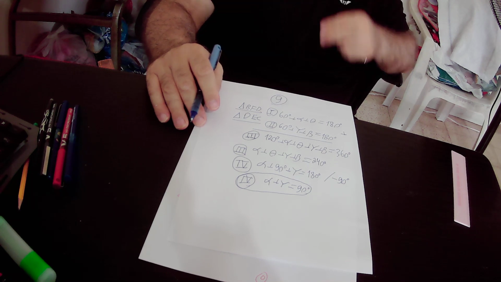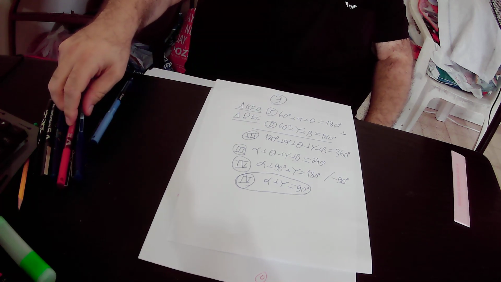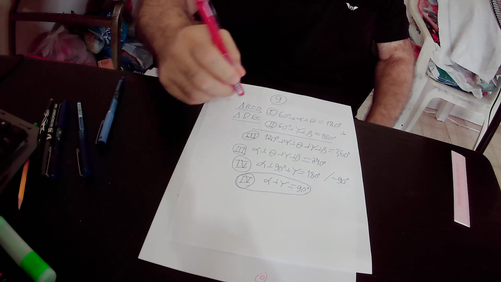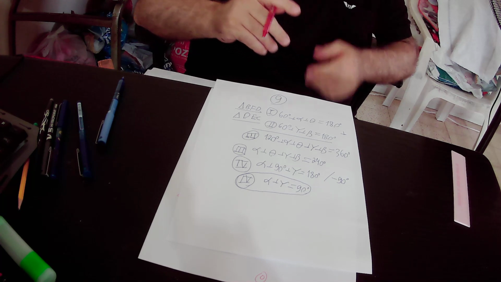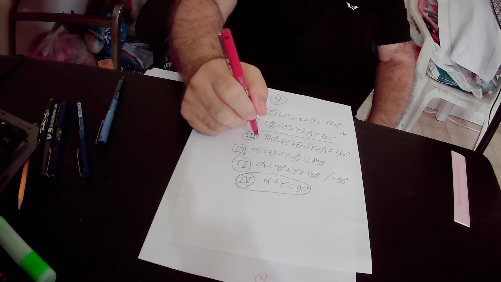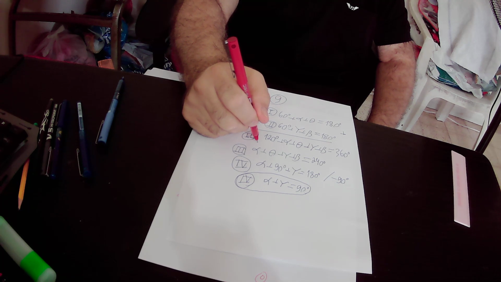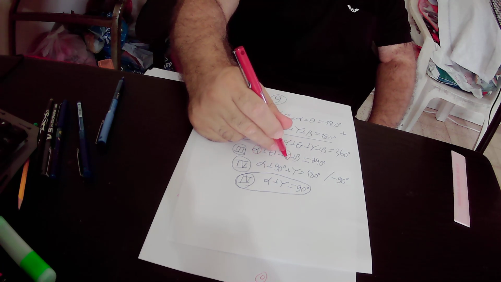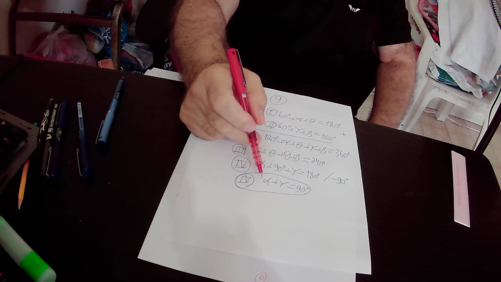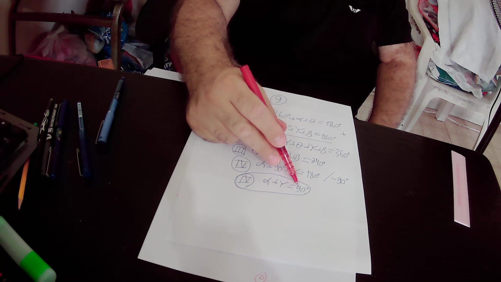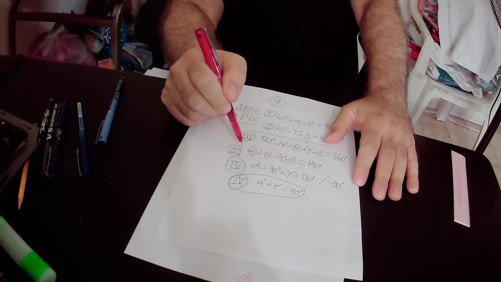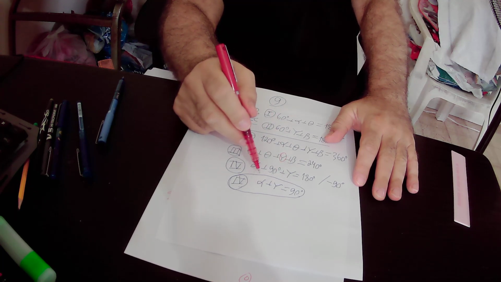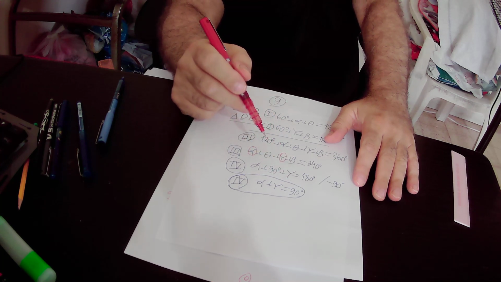Okay, but in the third equation we also have alpha plus gamma. Here we have alpha plus gamma. And from the fourth equation we know that alpha plus gamma equals 90 degrees. So we can substitute alpha plus gamma in the third equation by 90 degrees because alpha plus gamma equals 90 degrees.